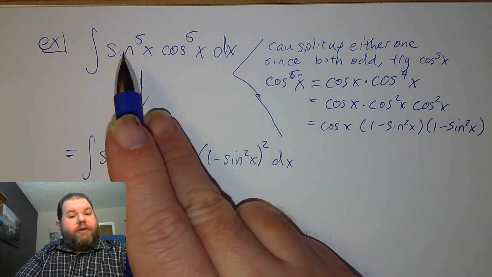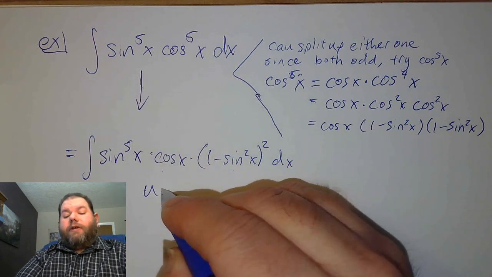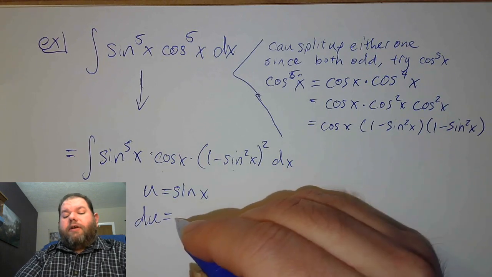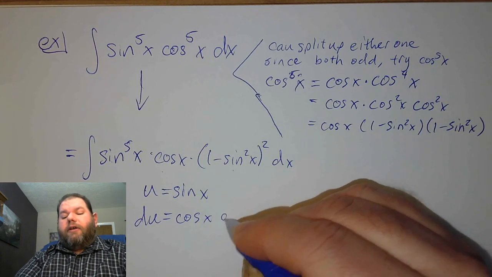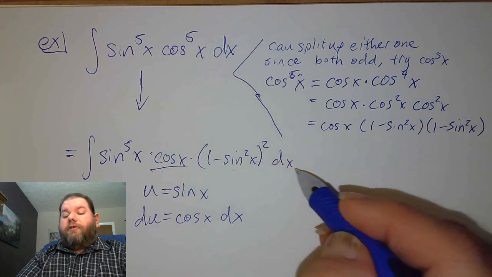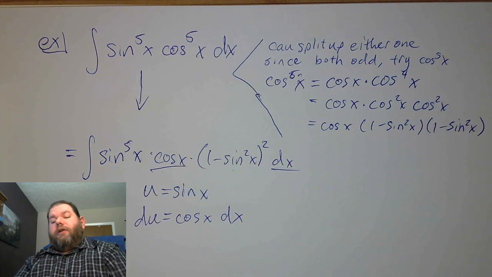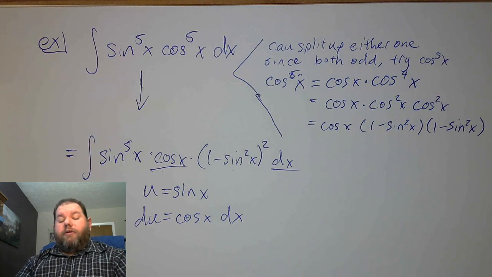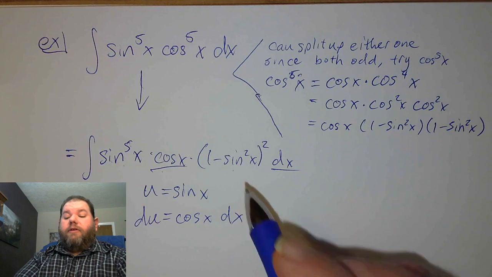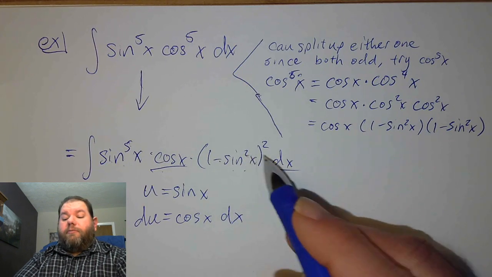We didn't touch our sine to the fifth, so we'll let u equal sine x, and then the derivative of sine x is cosine x. And this is why it works, because now we just have this single cosine x dx left over, and that'll be our du. And since u is sine x, this will be u to the fifth times 1 minus u squared in parentheses squared.